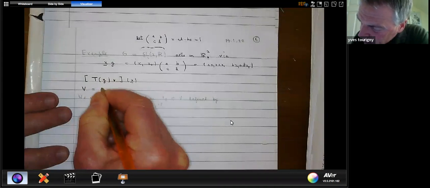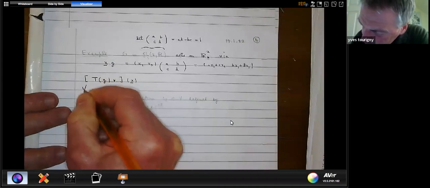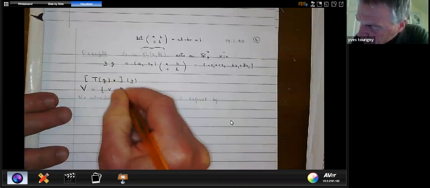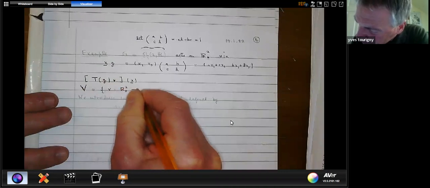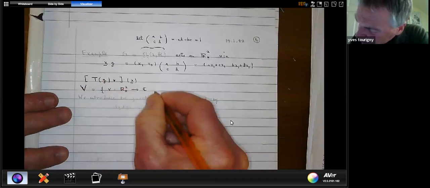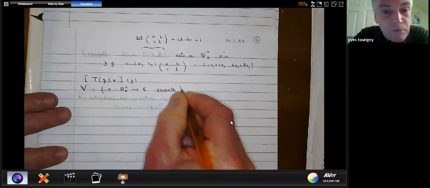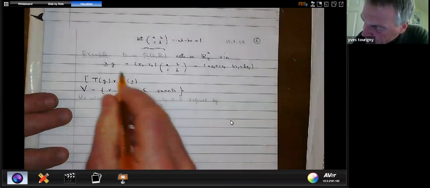There's a big V and a small v. So the big V is a vector space of functions. And these functions are functions defined on R2 and taking complex values. And I'm not asking very much of these functions. I'm asking that they be smooth. So this is now my definition of TG.